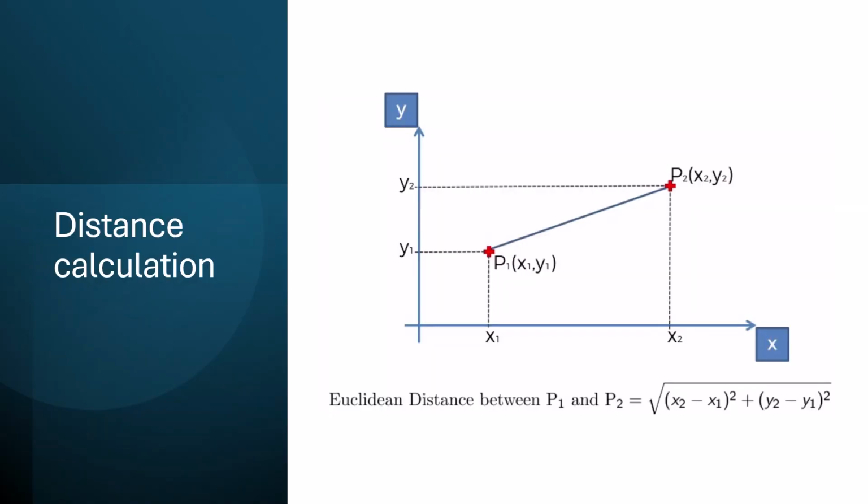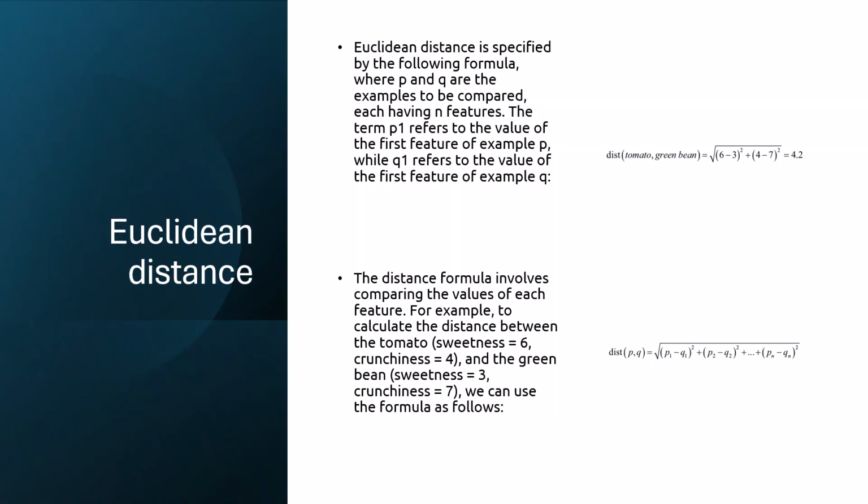As shown on the screen, Euclidean distance is calculated between P1 and P2. The Euclidean distance is specified by the given formula, where p and q are the examples to be compared. The distance formula involves comparing the values of each feature, the sweetness and crunchiness. For the green bean, sweetness equals 3 and crunchiness equals 7.